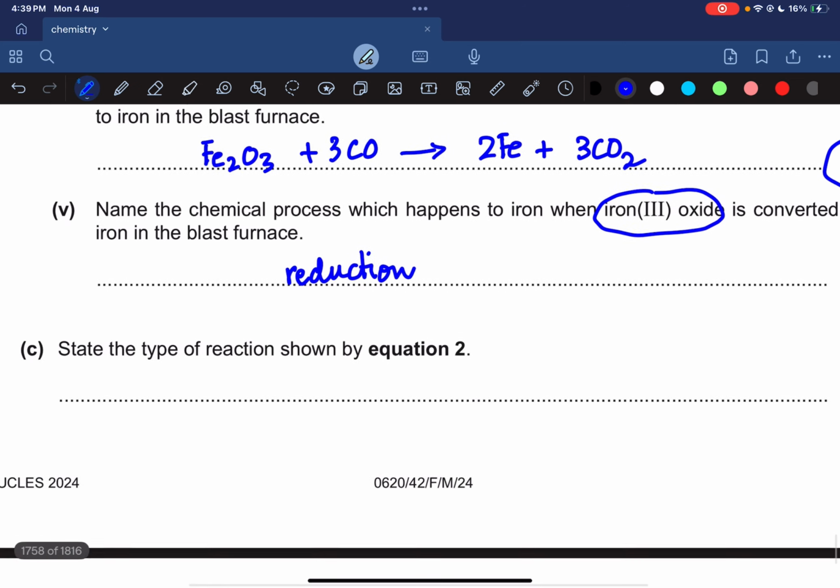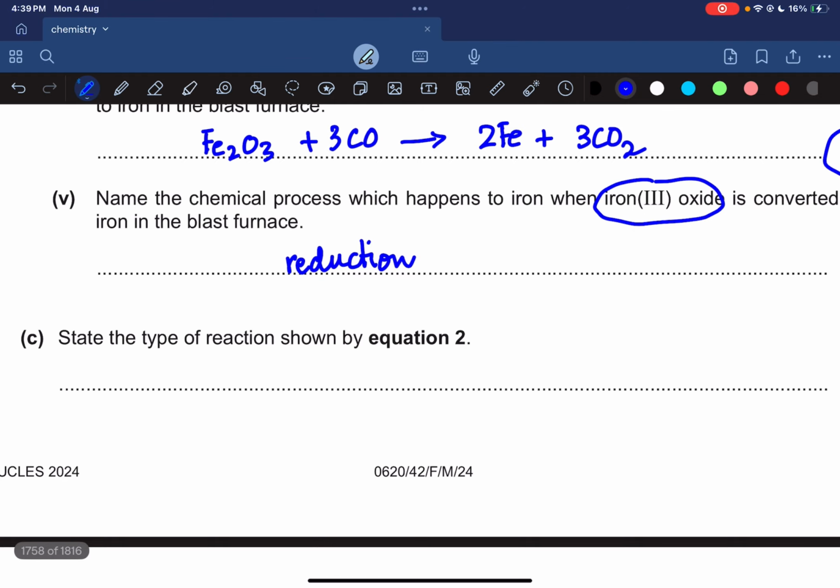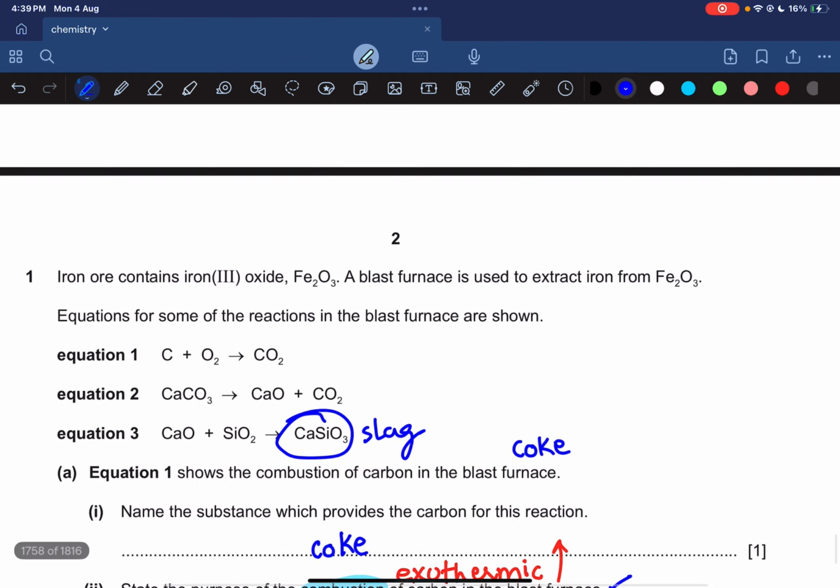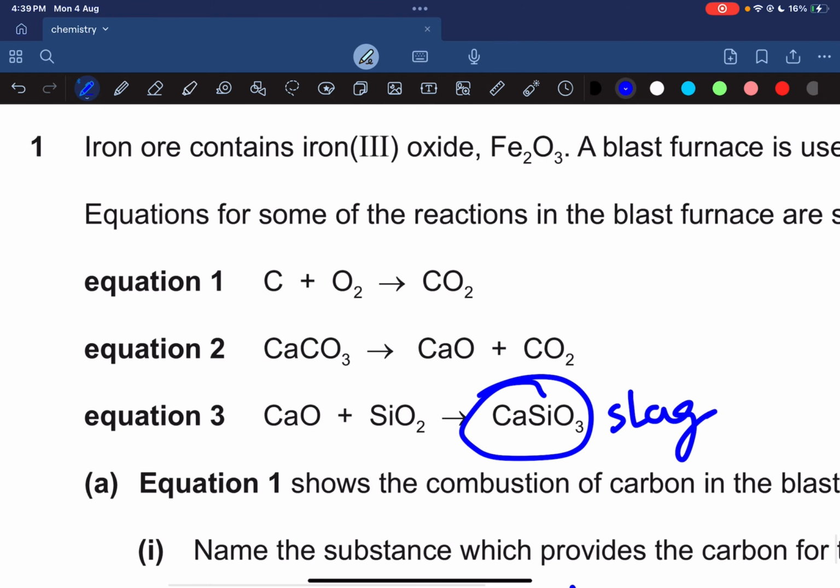Okay, state the type of reaction shown by equation 2. Let's see what kind of reaction equation 2 is. You have your calcium carbonate, and when you heat it, this is a thermal decomposition reaction. Whenever you heat carbonates, not very stable carbonates like potassium and sodium carbonates, they're extremely stable, so even if you heat them, heat is going to have no effect.